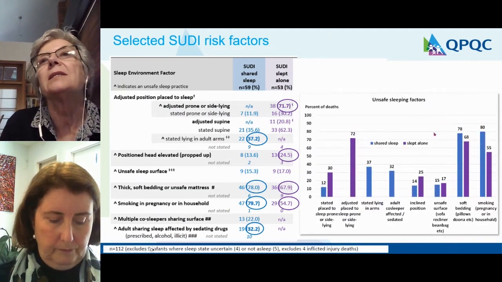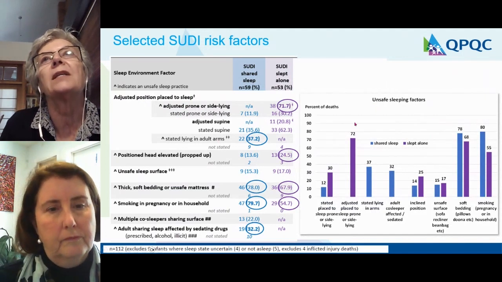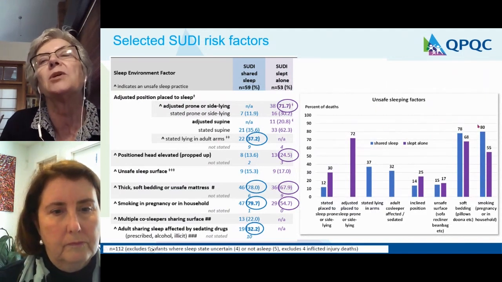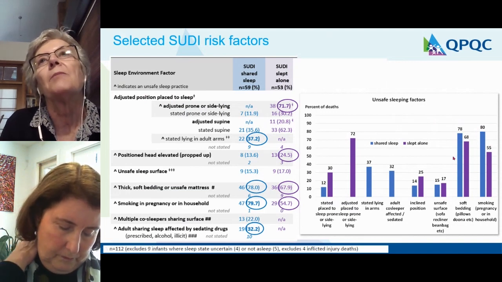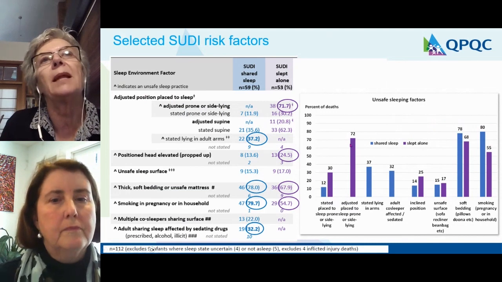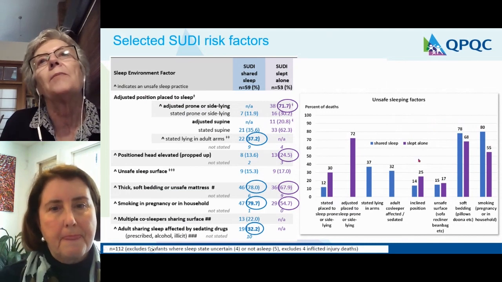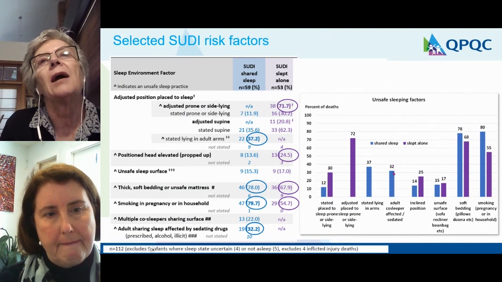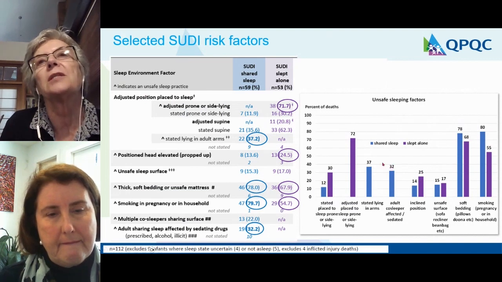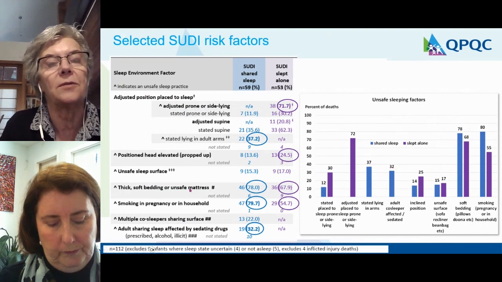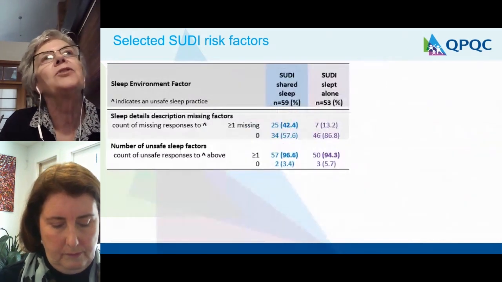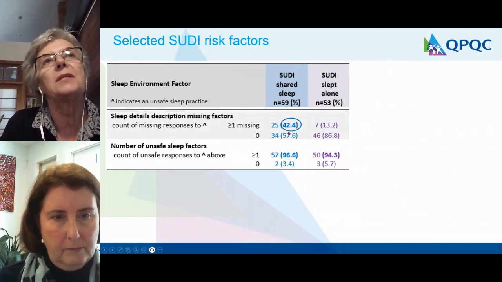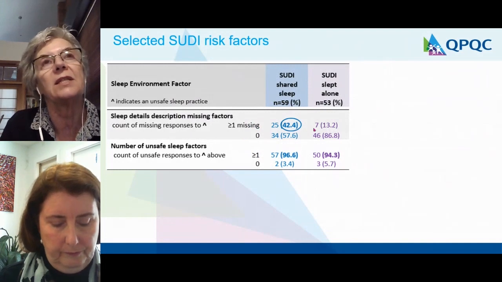So what that means is that our sleeping factors, and we've included smoking in this because it affects the way the infant responds during sleep, particularly soft bedding, being placed prone, an inclined position, and unsafe positions with a co-sleeper were the ones that we focused on. And then when we looked at the whole group, we discovered that, unfortunately, in the shared sleep group, over 40% didn't have all the details that we needed listed in their police investigation.